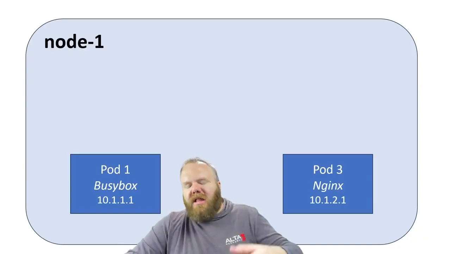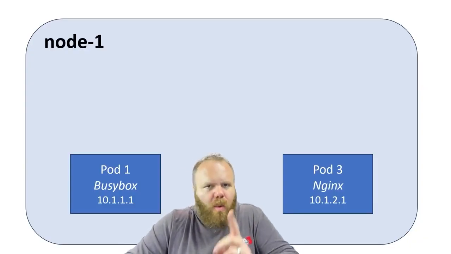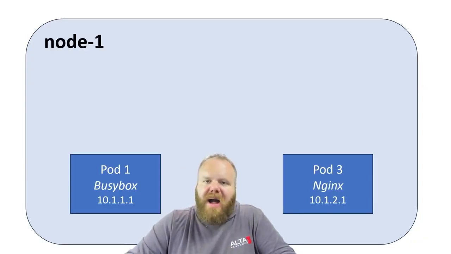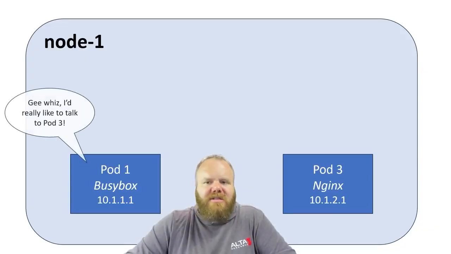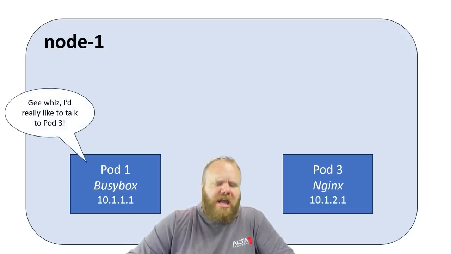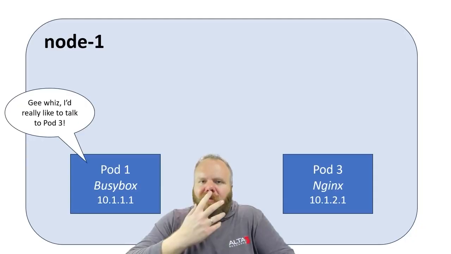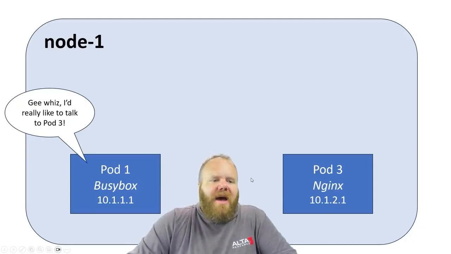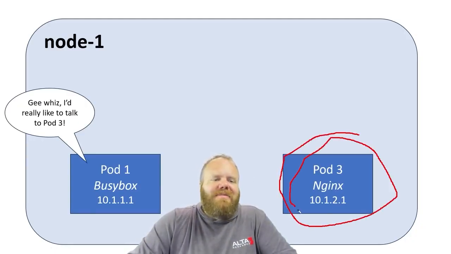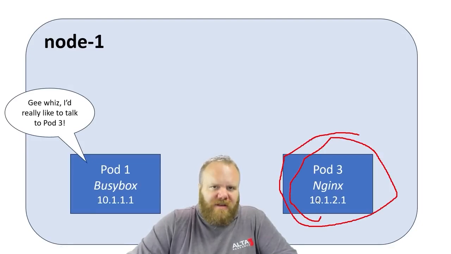So in the story that I'm telling you, we have a super simple cluster, one node. There are two pods, on the same node as each other. And pod number 1 is all like, oh, gee whiz, I'd really like to talk to pod number 3. So how does that work? We know from what we've learned earlier that pod number 3 needs to be exposed by a service.